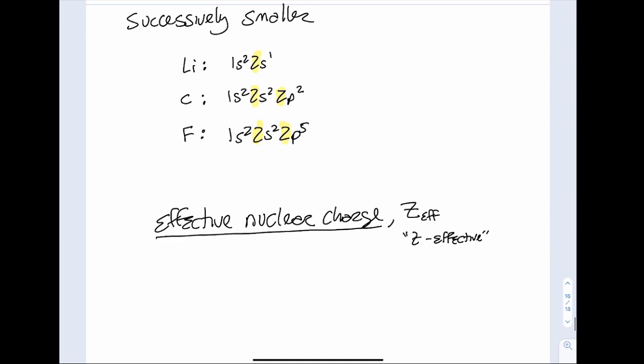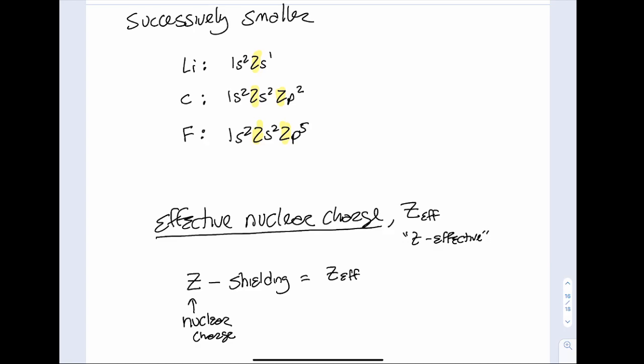And what this is, it's my nuclear charge, which is just plain Z, minus what's called shielding. And that's going to equal my effective nuclear charge. So as I go across, what's happening is my effective nuclear charge is increasing.